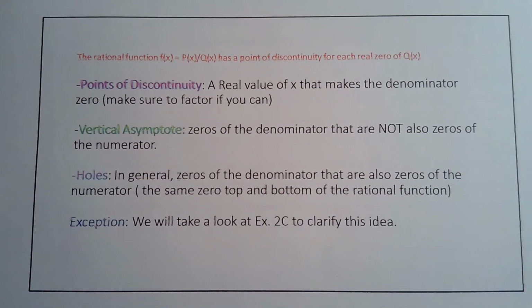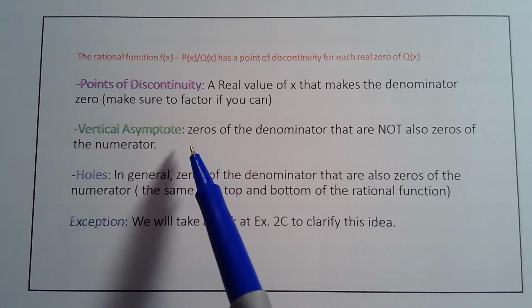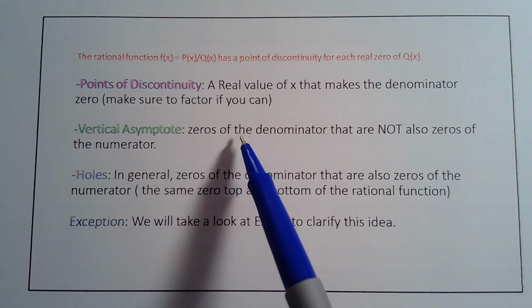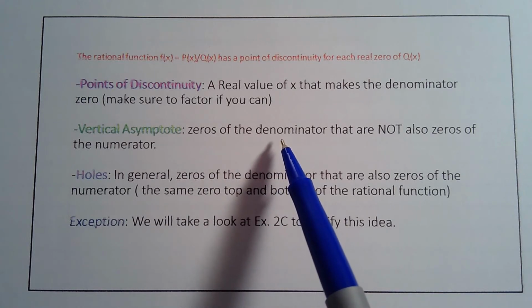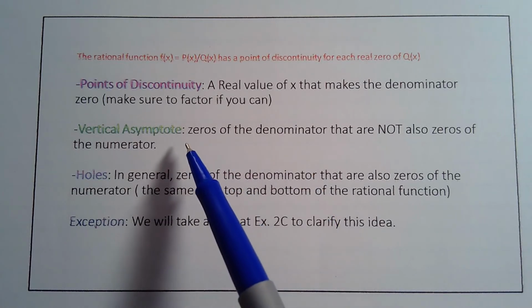All right. So like we talked about, points of discontinuity, that's a value of x, and it has to be real, can't be imaginary, that makes the denominator 0. And then vertical asymptotes, like I mentioned quickly, that's when they're just in the denominator. So any 0 that's in the denominator, any point of discontinuity that's in the denominator that's not in the numerator, that forms a vertical asymptote.